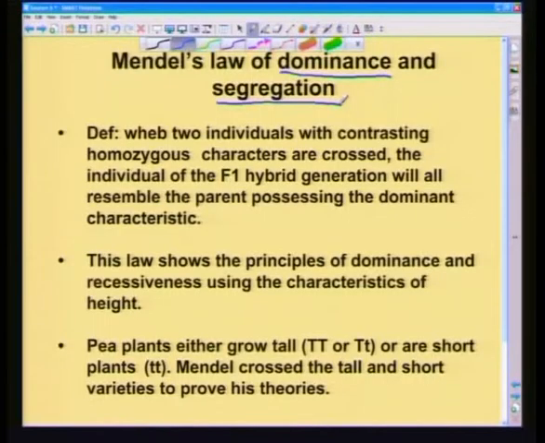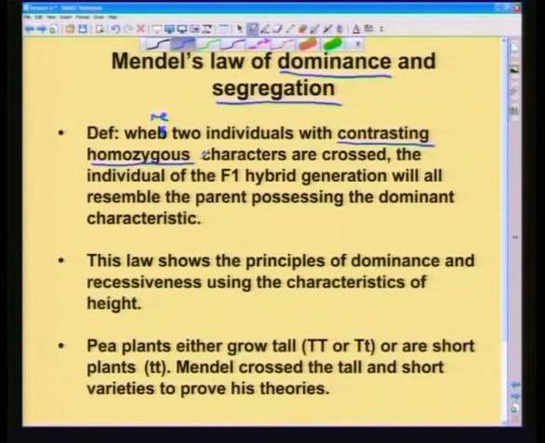You will see the dominant characteristic, and the recessive characteristic will then be covered. It will be shaded because it's recessive, it's not dominant. All right, so he says, here is a spelling error, so let's just fix that: where 2 individuals with contrasting homozygous characteristics are crossed.